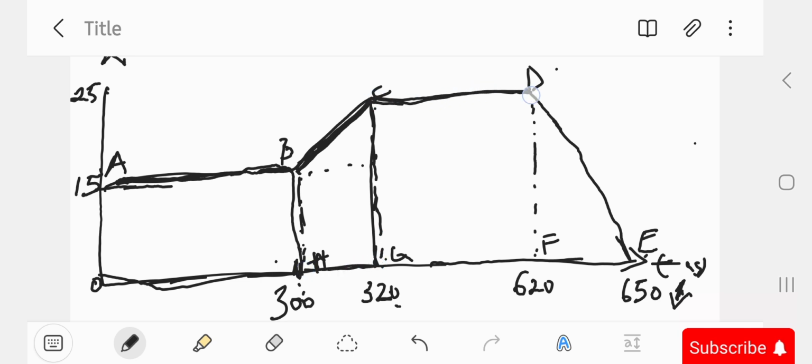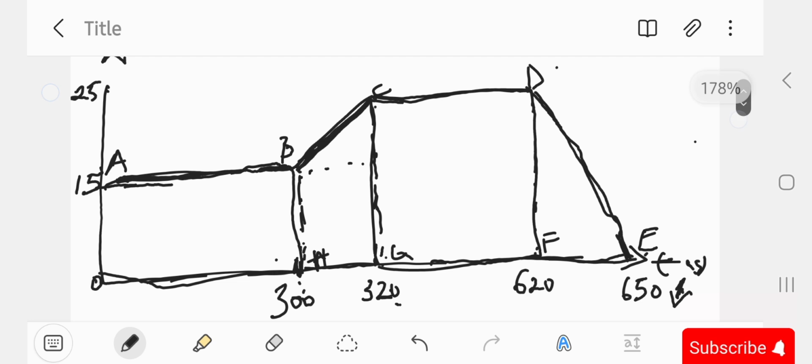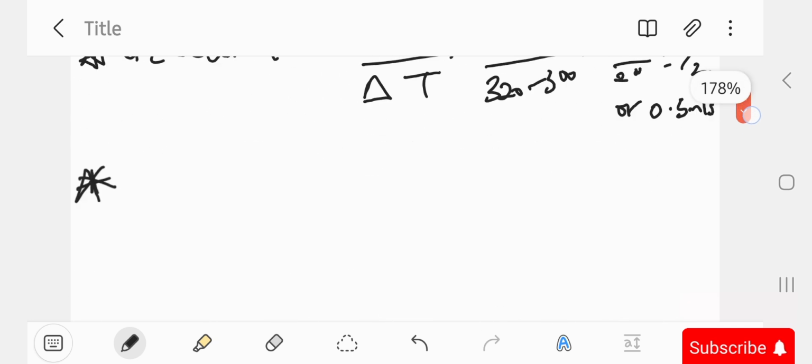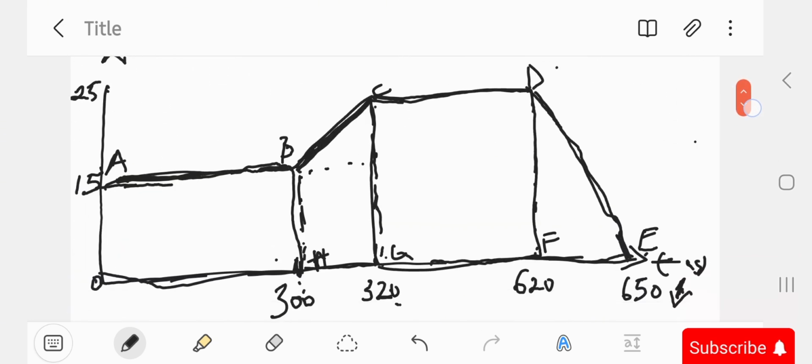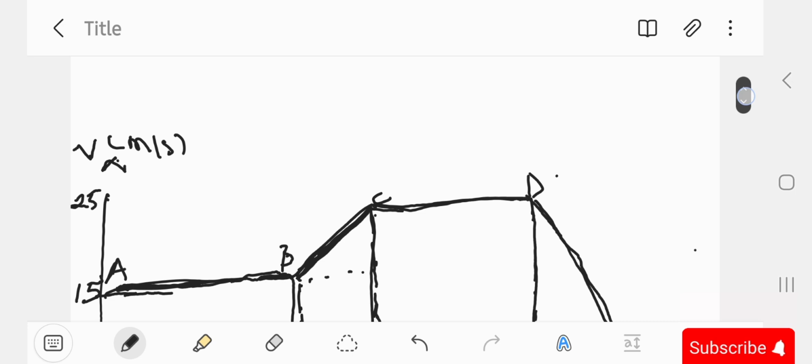The third part here is equally a rectangle. And the last part here is going to be a triangle. So we're going to find their individual area, then sum it up. Once we sum it up, that is the total distance. So let's go back to this one first.